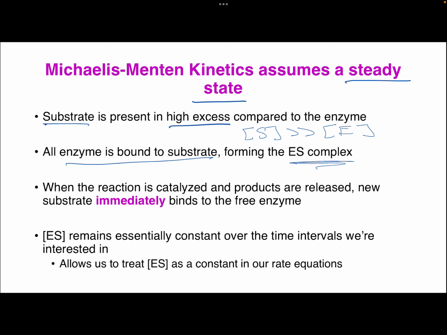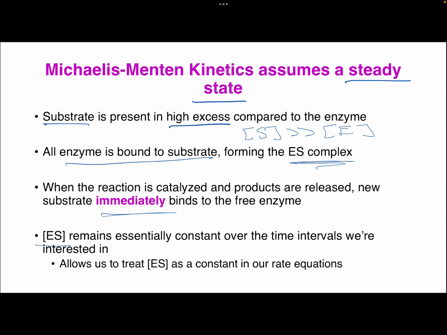What's more is that when we have the reaction occur and the product is released and we have free enzyme again, because we have so much substrate, another substrate molecule is going to be ready and waiting. It's going to bind pretty much immediately after we release the product. So we're never really going to see us not having all of the enzyme in the enzyme substrate complex for the purposes of these experiments, all right?